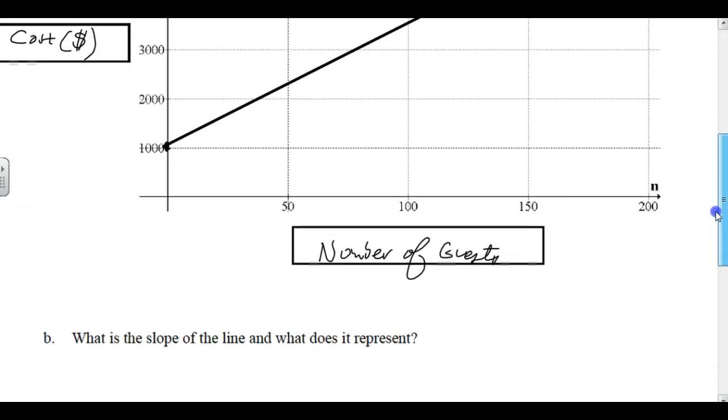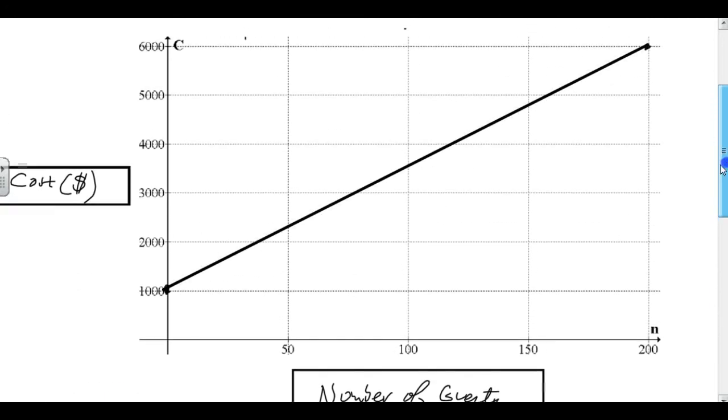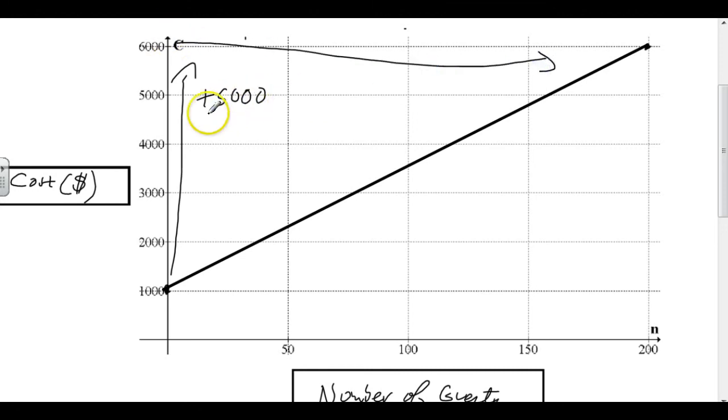Live and learn. What is the slope of the line and what does it represent? Well, we can see that we're going up 5,000 when we're going over 200. Up 5,000 what? So that's a plus. So it's $5,000 per 200 guests. So it's $25 per guest.